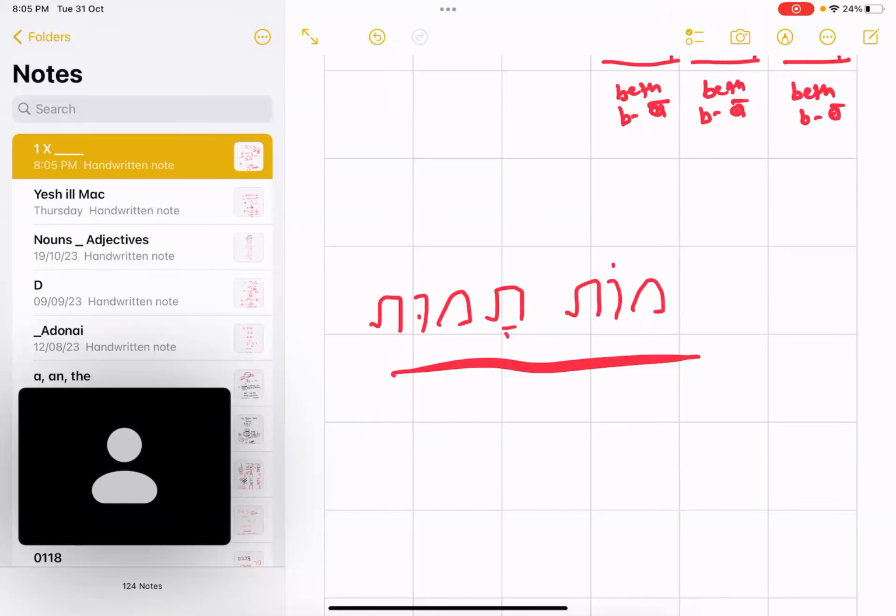So here you will find that this is the root word, mavet. Mavet is the root word of this also, and mavet is the root word of this also.